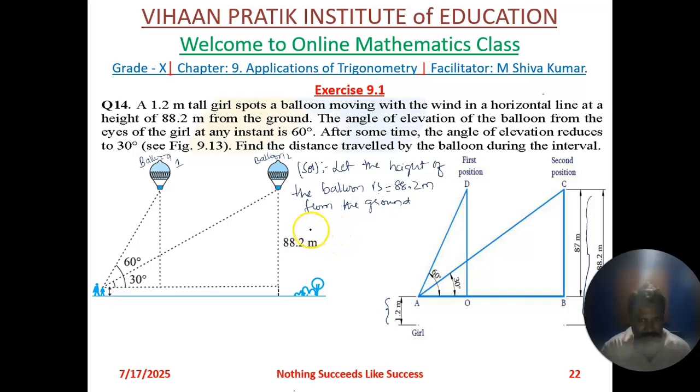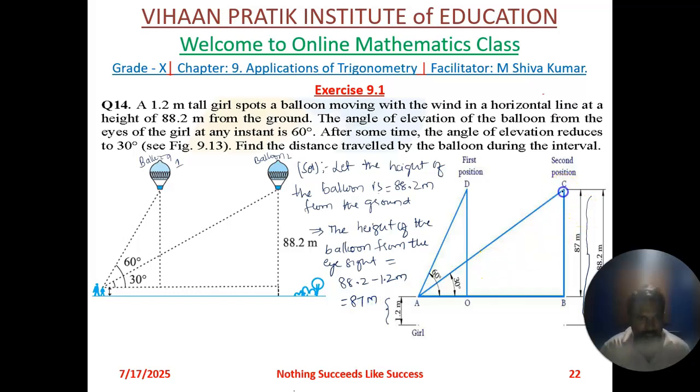So the height of the balloon from the eye side equals the total height, which is 88.2 meters, minus the height of the girl, which is 1.2 meters, which equals 87 meters.